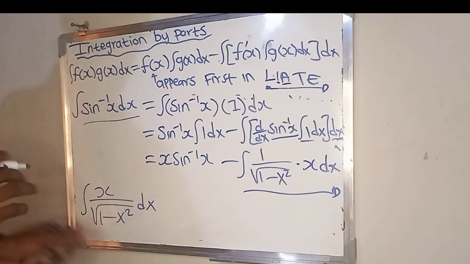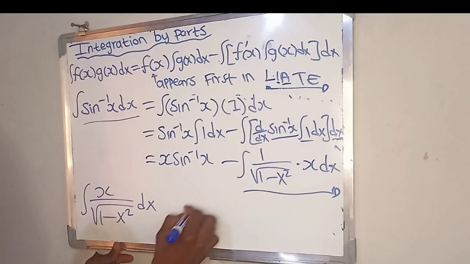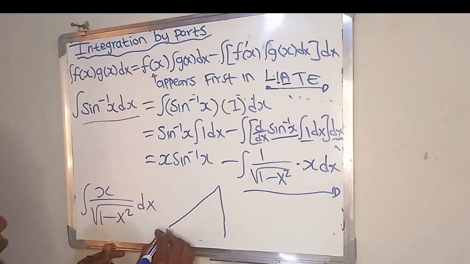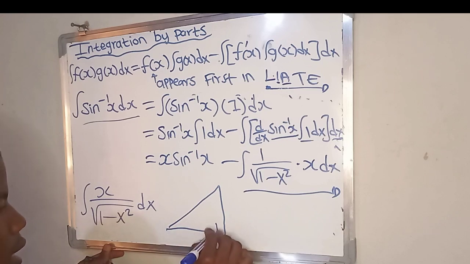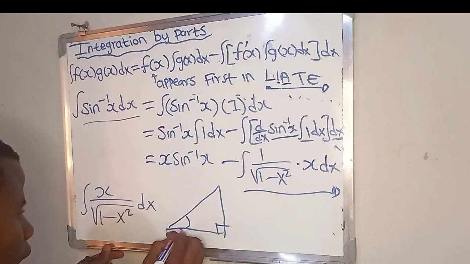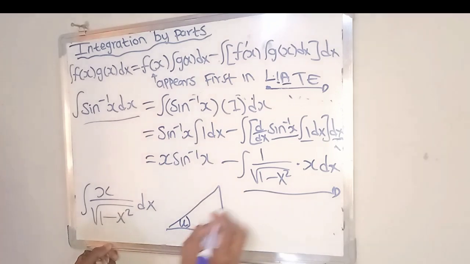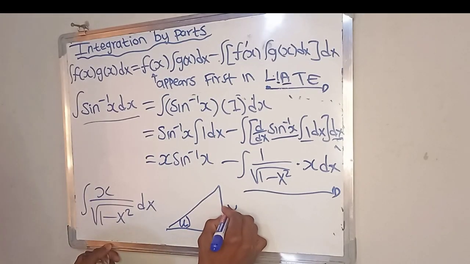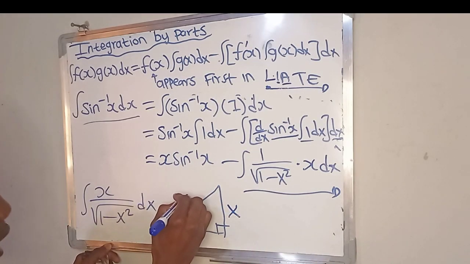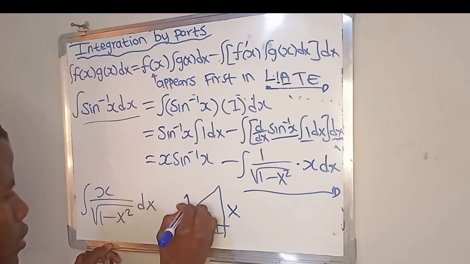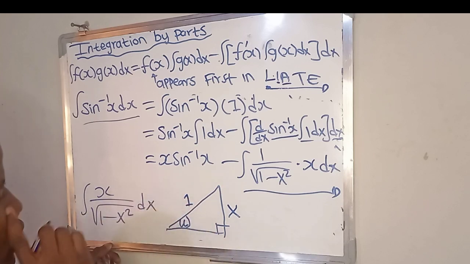So let's continue. I'm going to draw a triangle. When I draw this right angle triangle, here is my angle u, and here I will have x, and I'll let the hypotenuse this time be 1.